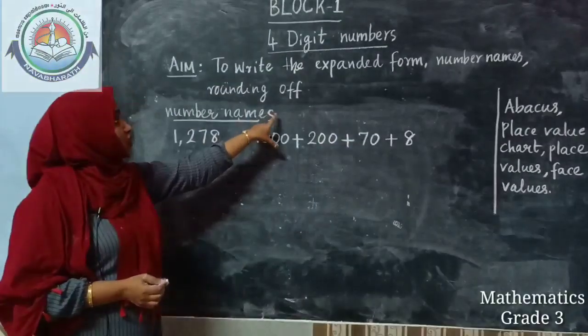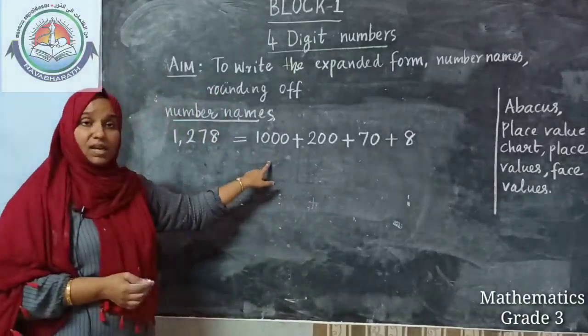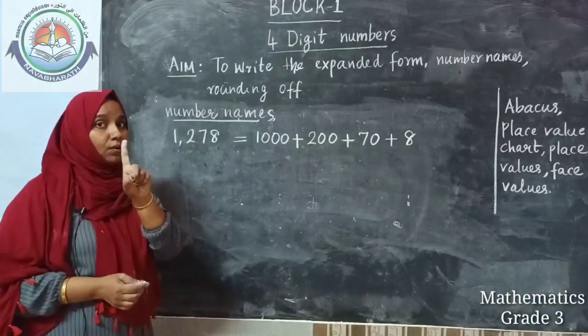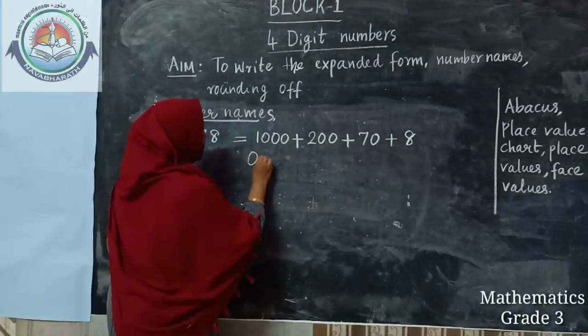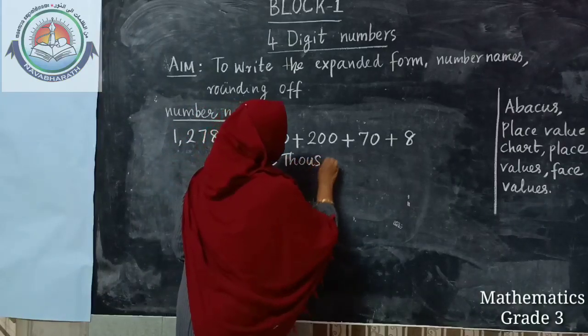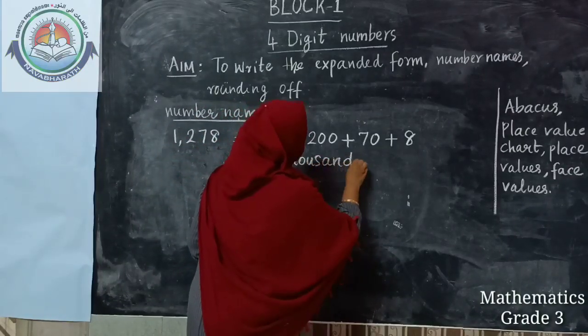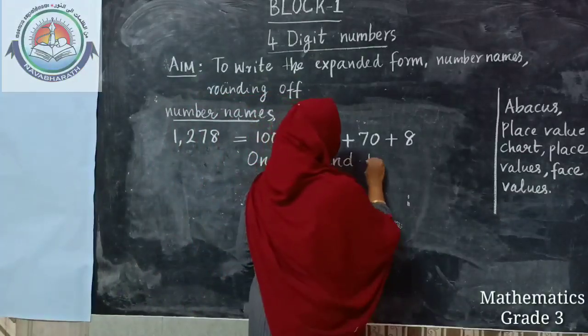Then let's see what the number name of this number is. How many thousands are here, children? Only 1000. So we can write 1000. Then how many hundreds are here? 200s.